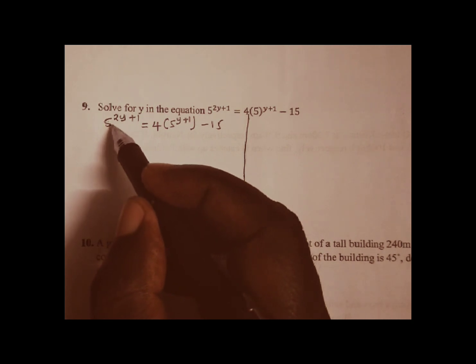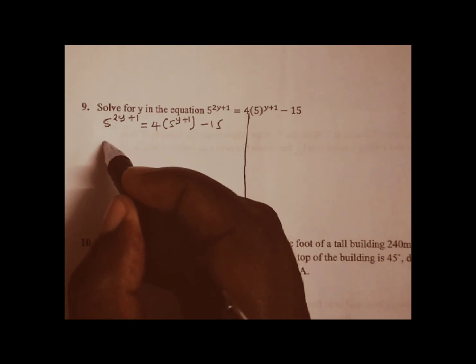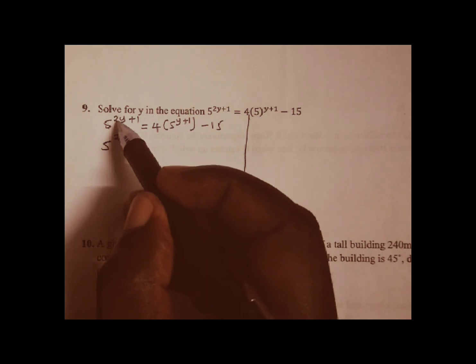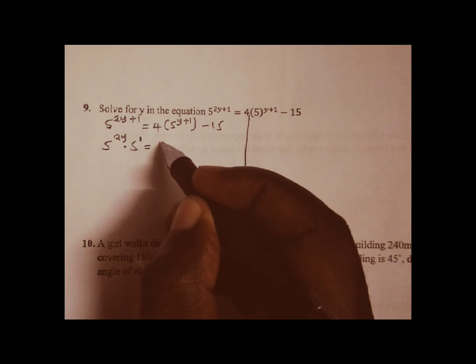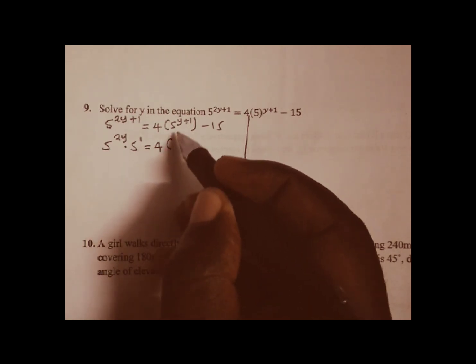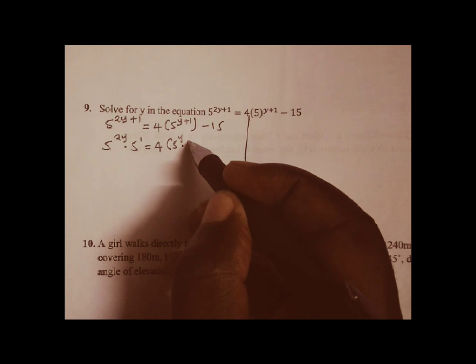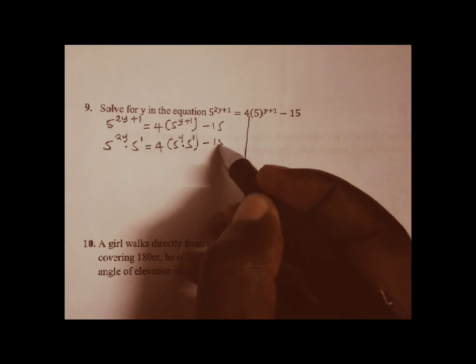We are going to begin by splitting 5 raised to 2y plus 1 as follows. This is the same as 5 raised to 2y multiplied by 5 raised to 1, and this is equal to 4 multiplied by 5 raised to y multiplied by 5 raised to 1, minus 15.